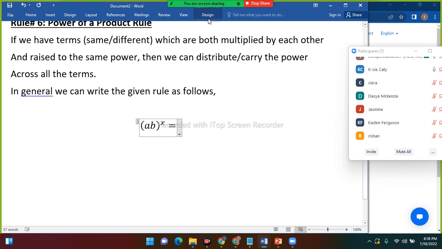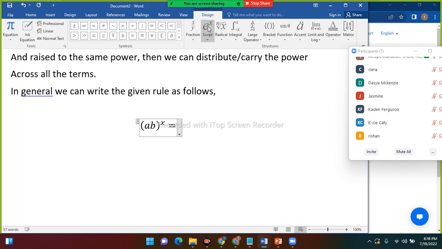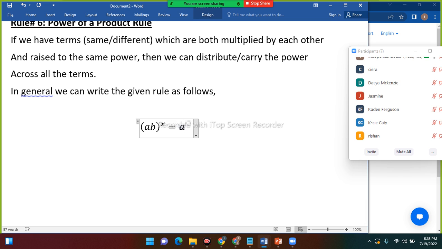And so we have a to the power of x, and the same thing applies. It's going to be b to the power of x. Okay, so that's basically the rule.